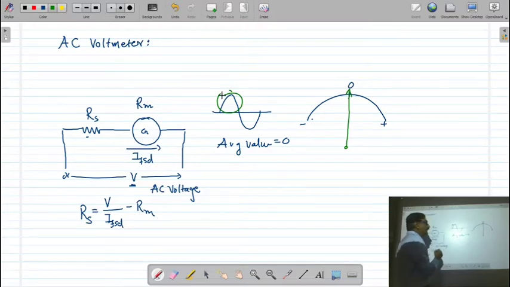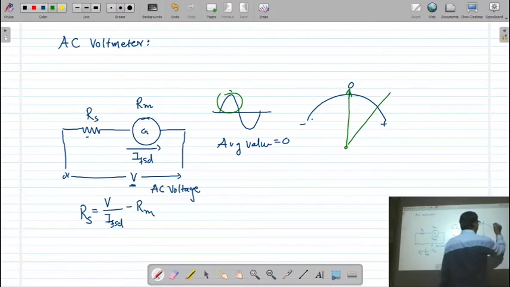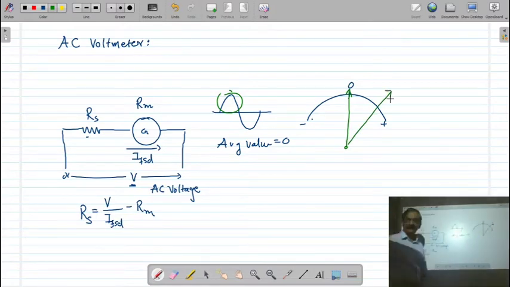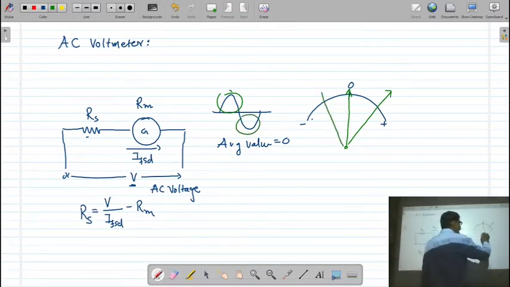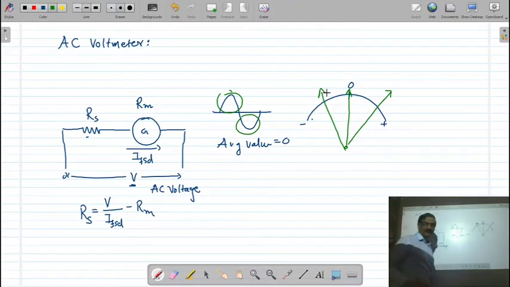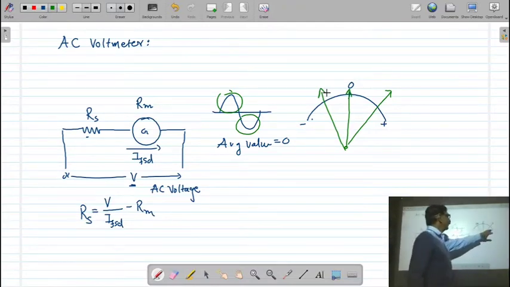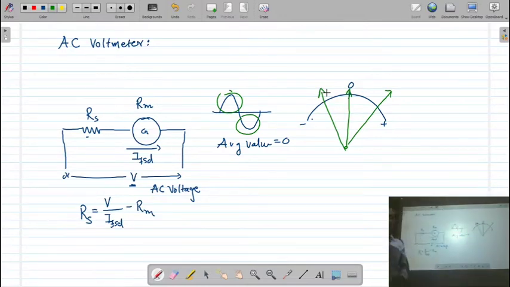When the positive cycle is applied, the pointer will be deflected to the right hand side. When the negative cycle comes, the pointer will be deflected to the left hand side. So the pointer is going to be deflected on the right hand side as well as on the left hand side.